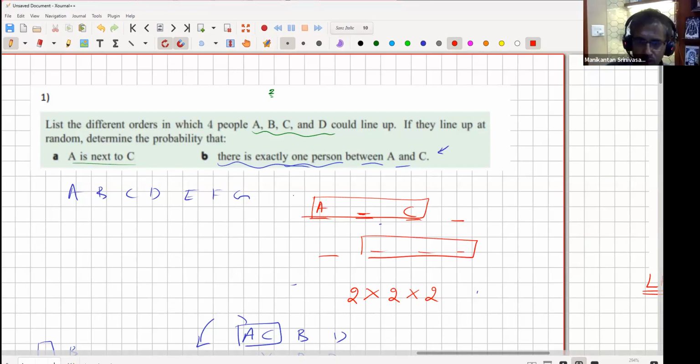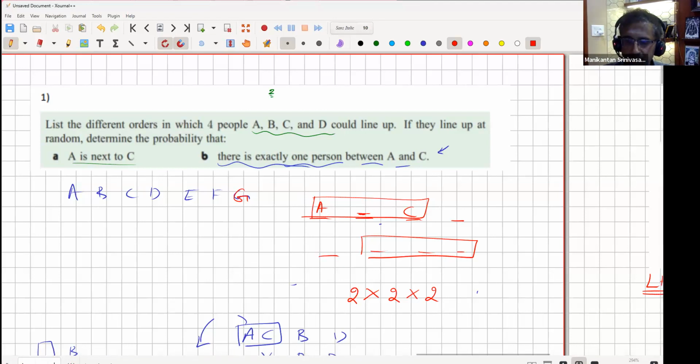Okay, so repeat the exact question for A, B, C, D, E, F, G. Don't call out the answer.